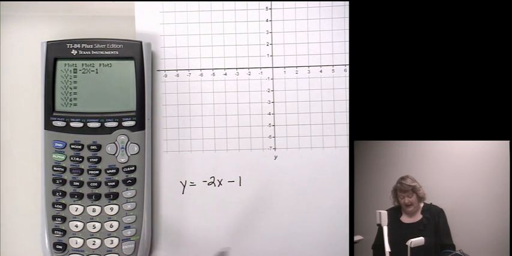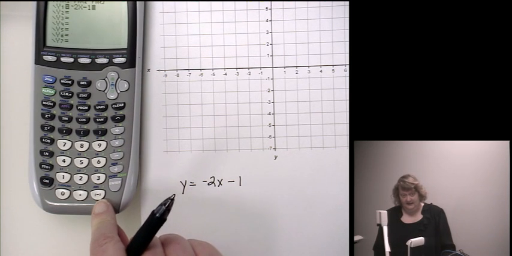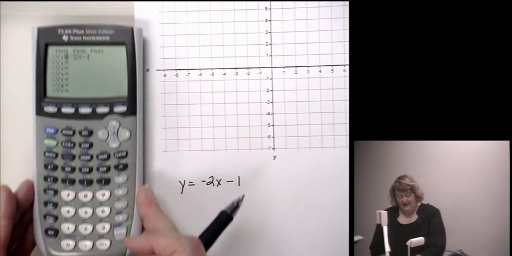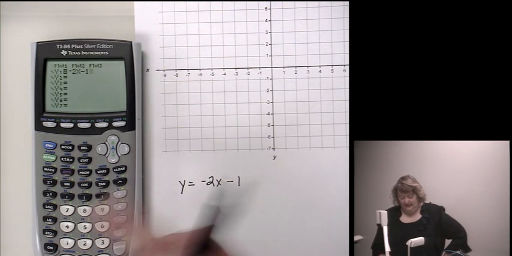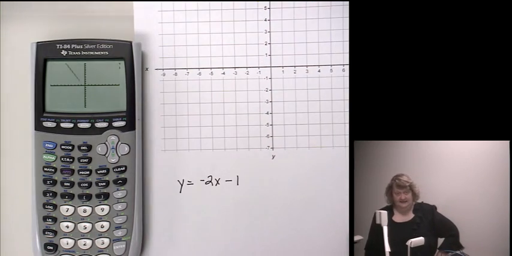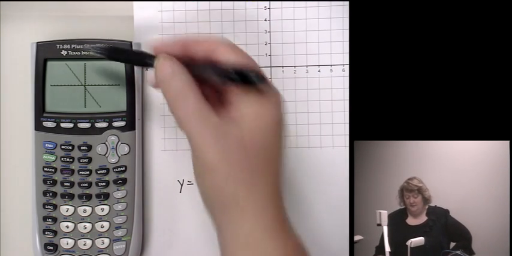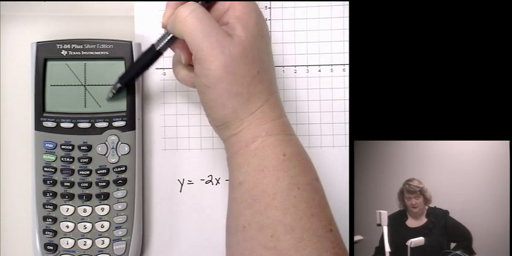Notice to start out, I typed in the negative key, and then in between the values, I used the subtract key. Again, I'm going to just give it a glance over. Notice this time that because of the negative slope, it goes down.